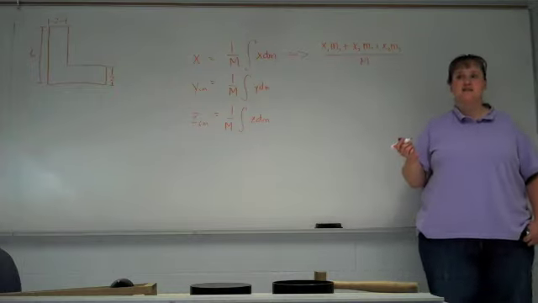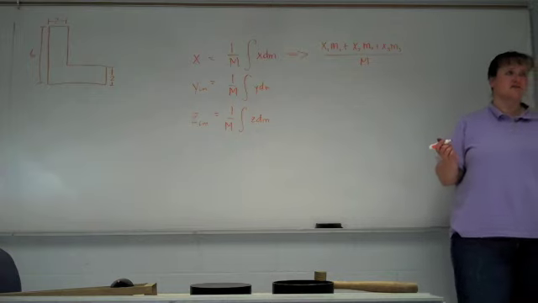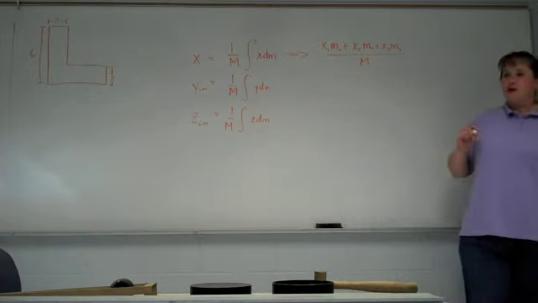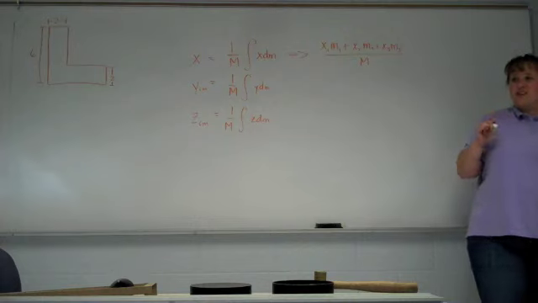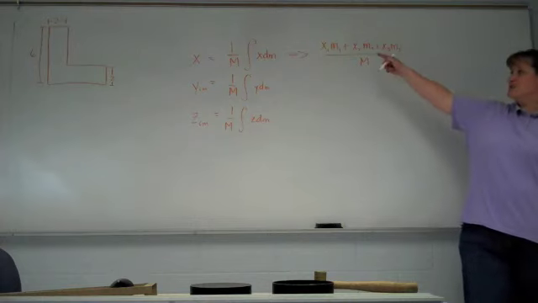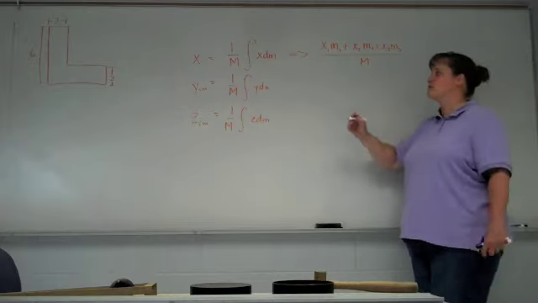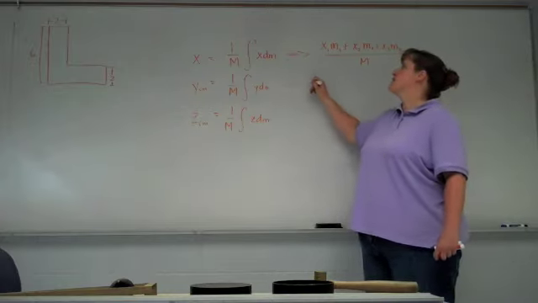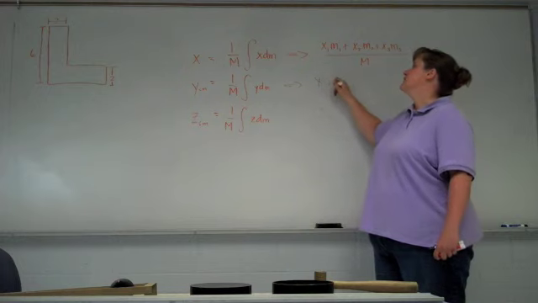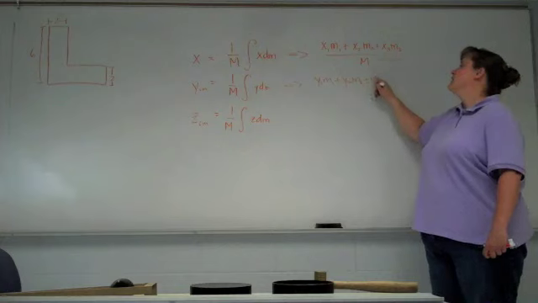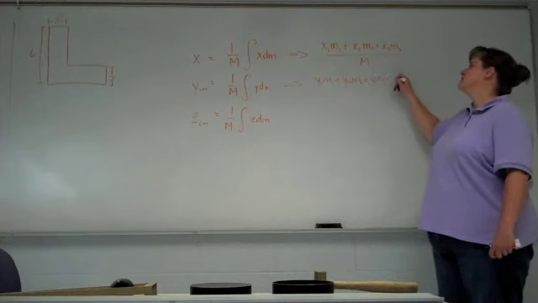That's all the integral is doing. It's a summation of a whole bunch of pieces. If you can break your object down so that it's only a few pieces, you can simply take their distances times their masses and add them together and divide by total mass. This works for the y direction and z direction as well.